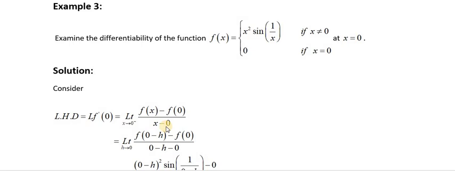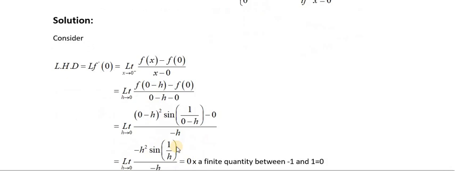Now I am going to change limit x tends to 0 minus into limit h tends to 0 by replacing x in the numerator and denominator by 0 minus h. So, the numerator becomes f of 0 minus h minus f of 0, divided by 0 minus h minus 0.